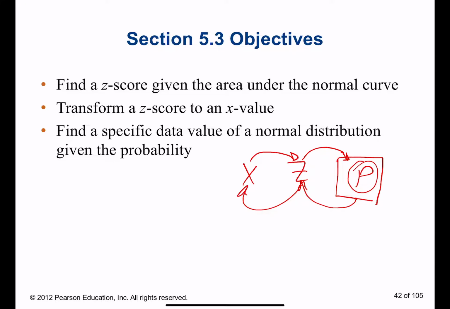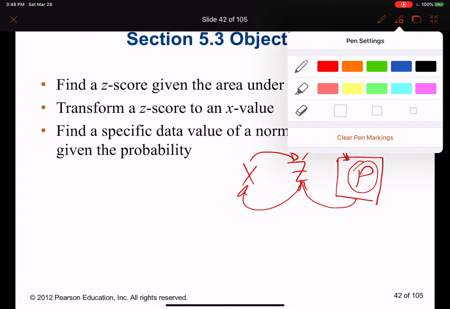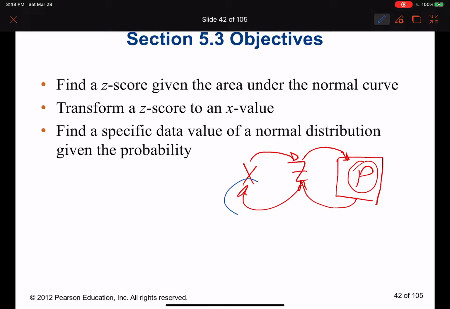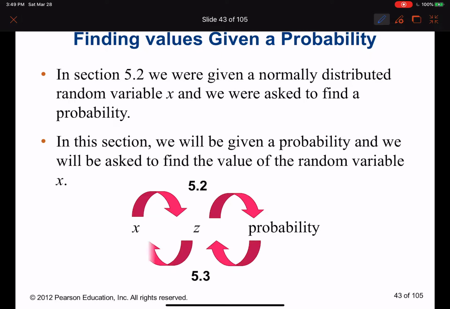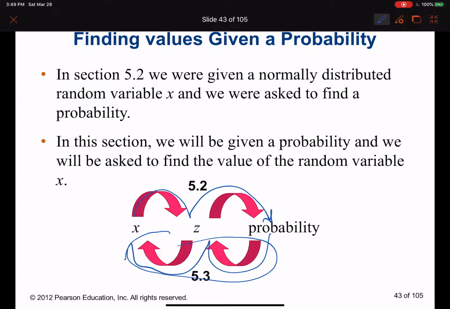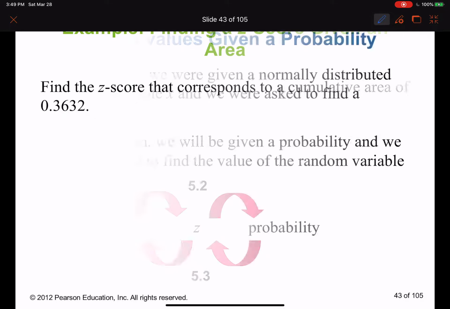This is the piece we are going to work with today, backwards. We know how to get from z-score to probability. Now we're going to go from probability to z-score.